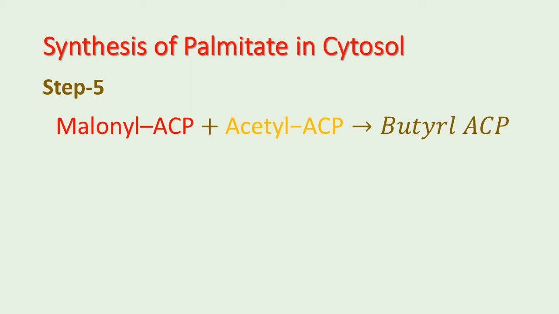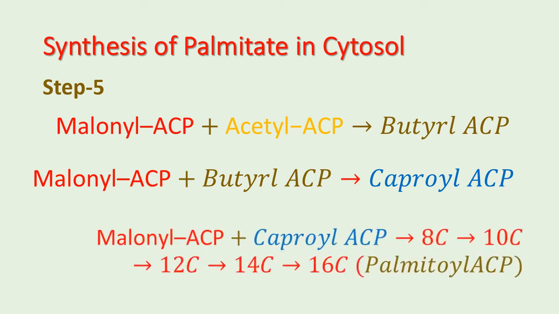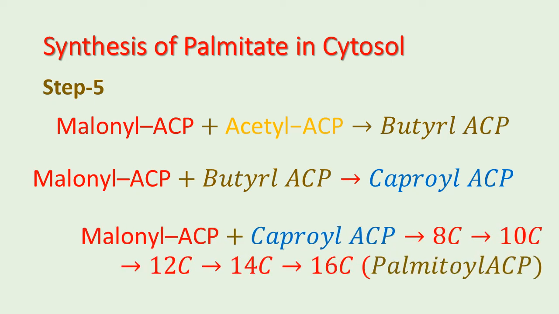Now this 4-carbon fatty acid combines again with the malonyl ACP, resulting in the production of 6-carbon caproyl ACP. Then caproyl ACP is combined with another malonyl ACP, resulting in the production of an 8-carbon fatty acid.